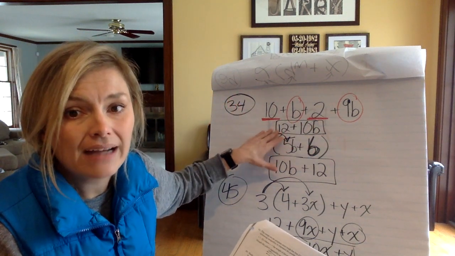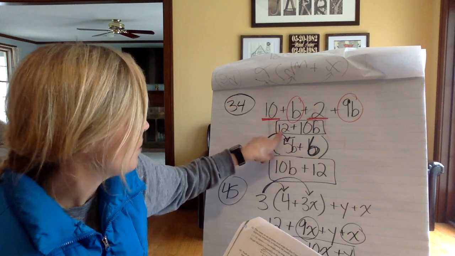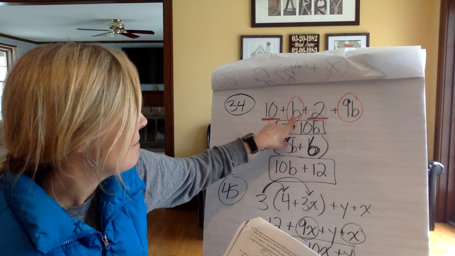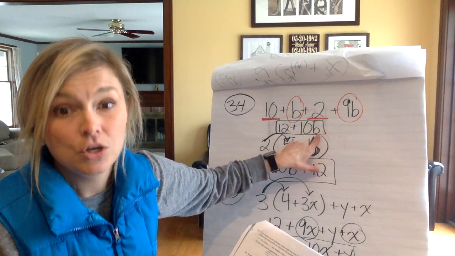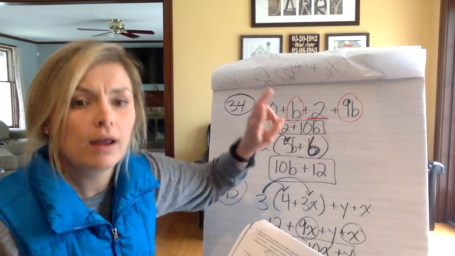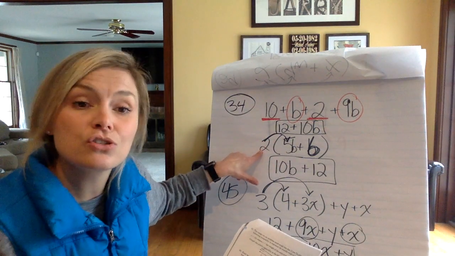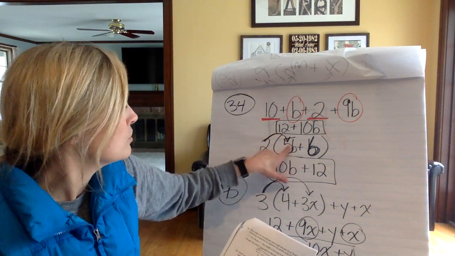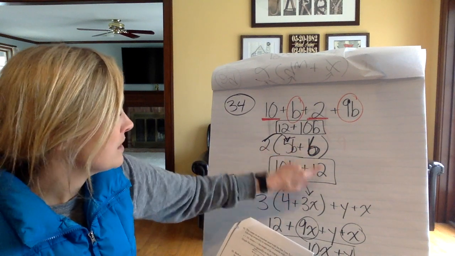If we combine our 10 and our 2, those are both regular numbers, I end up with 12. If I combine my B and 9B, I have 10B. So this first expression simplifies to 12 plus 10b, or 10b plus 12. In the second expression, I can use distributive property. I can do 2 times 5b, which is 10b, and 2 times 6, which is 12.